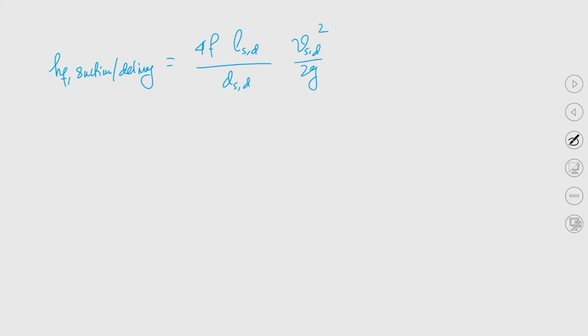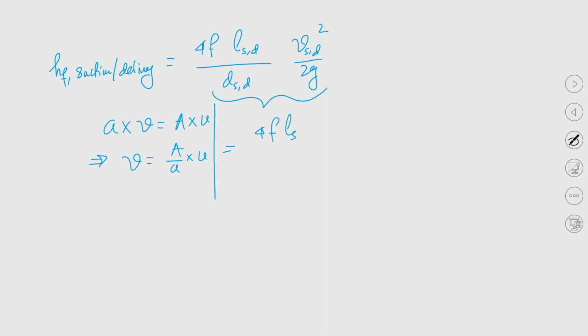Now, you know that small a into v equal to capital A into u. So, small v equal to A by a into u. If we plug in this value, eventually this expression takes this form: 4f L_s,d divided by d_s,d into A by a whole square into u square by 2g. This is the expression, right.